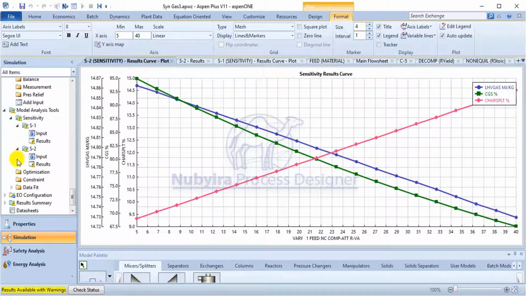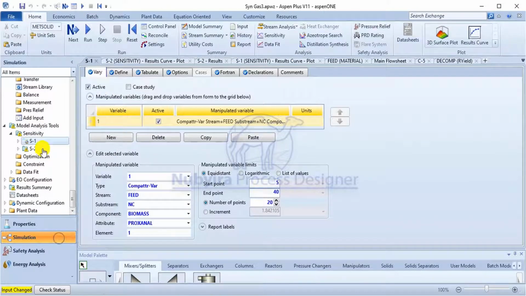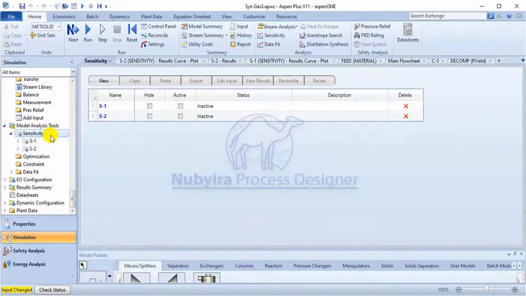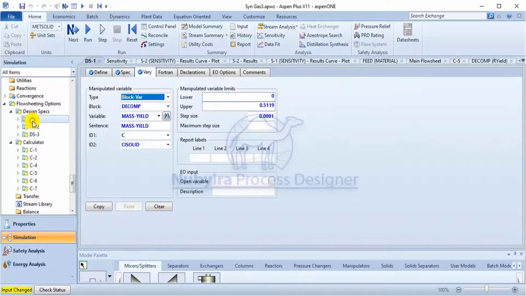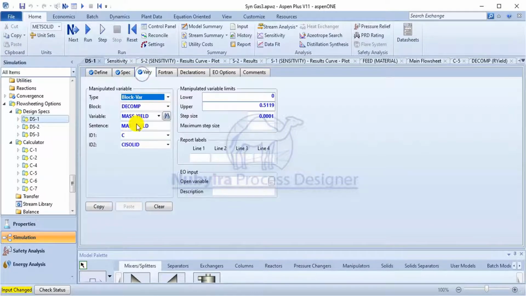Let's do the second one, which is the gasification temperature. But to do the second one, you have to do something, because the way the model is built, we really can't adjust the gasification temperature directly. The design spec is like a feedback controller that tries to adjust the temperature of the gasification to be 850 and it varies the mass.